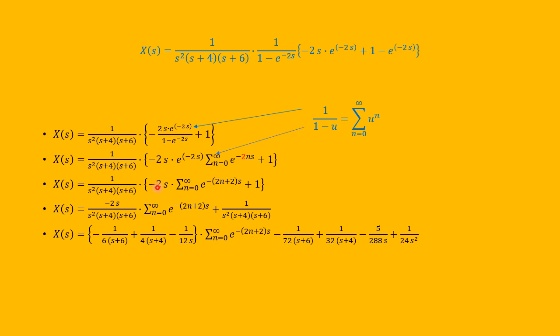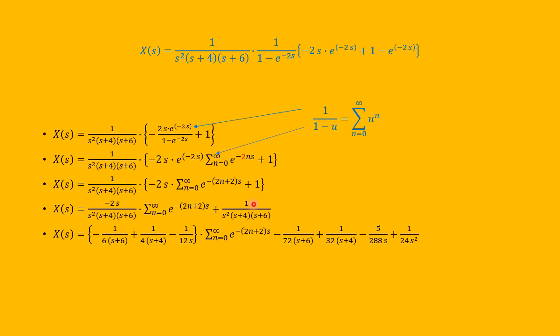Now, what happened in going from here? What can we do at this stage? Well, let's see. We have this fraction times this term plus this fraction times 1. So the only thing that happened going from this step up here to down here was this fraction times 1 is equal to this fraction, 1 over s squared, s plus 4, s plus 6.